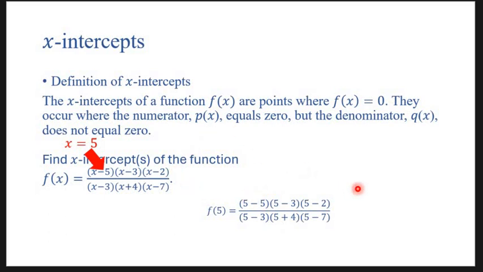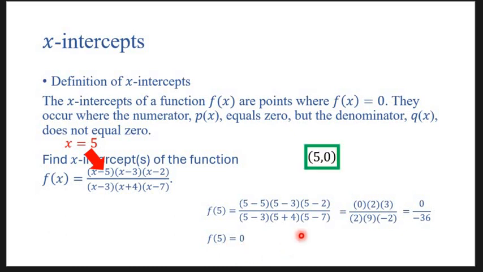That's going to make this an x-intercept, because when I do all these calculations, I get 0 times 2 times 3 is 0, and I get 2 times 9 is 18 times negative 2 is negative 36. But 0 divided by negative 36 is just 0. 0 divided by a number that's not 0 is 0. So there I have one of the x-intercepts of the graph. If x is 5, y is 0.